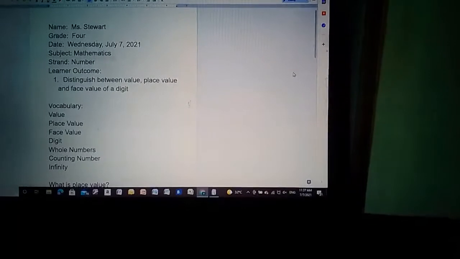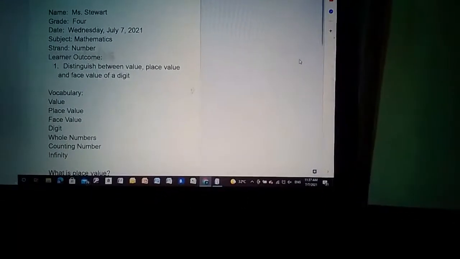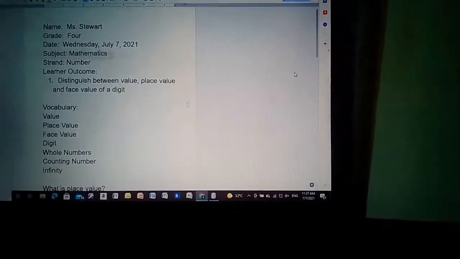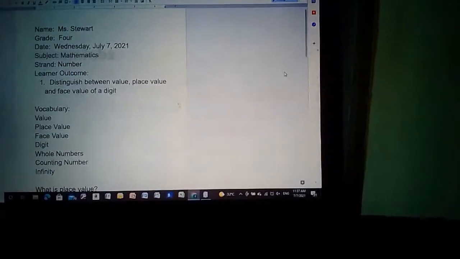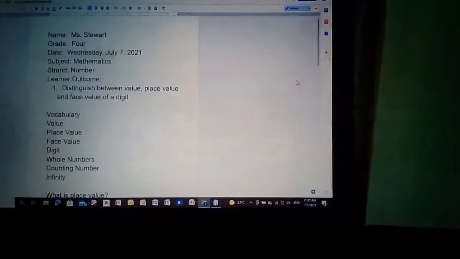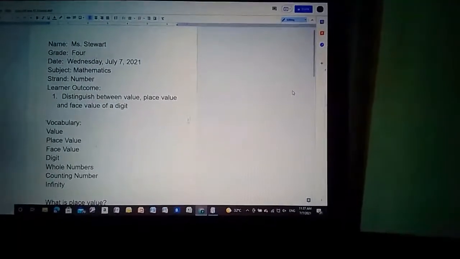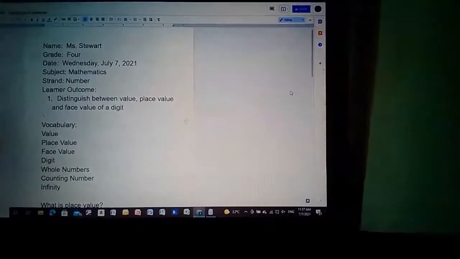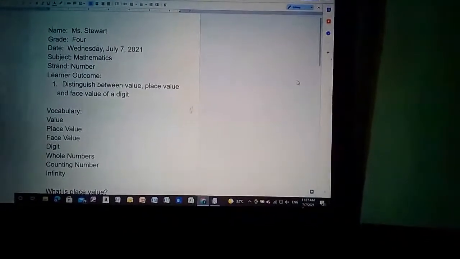Infinity means numbers go on and on and on. When you go on the road, you see numbers on the street, on the signs, the gates, everywhere. So numbers are everywhere. So we need to get familiar with them.